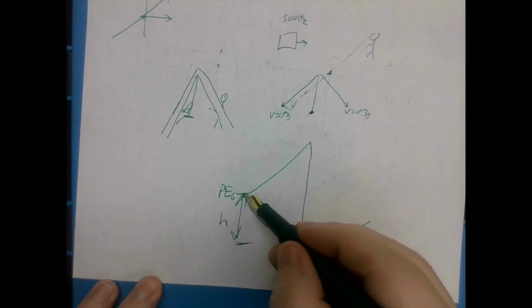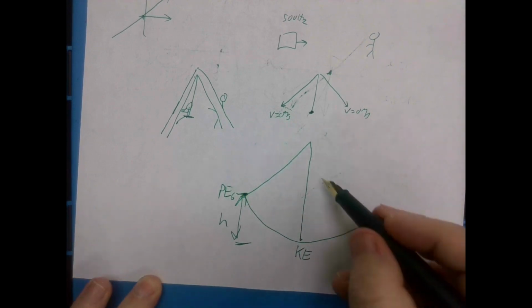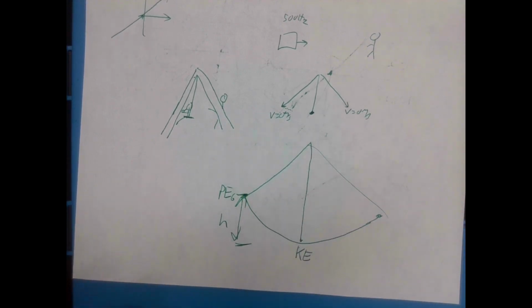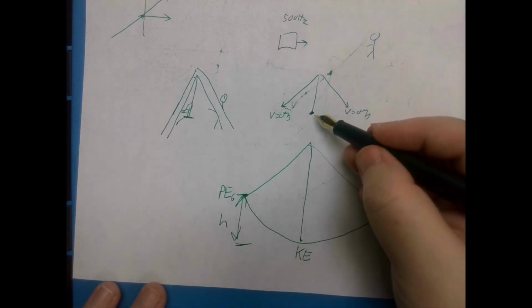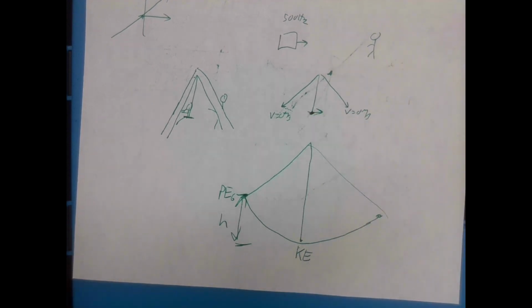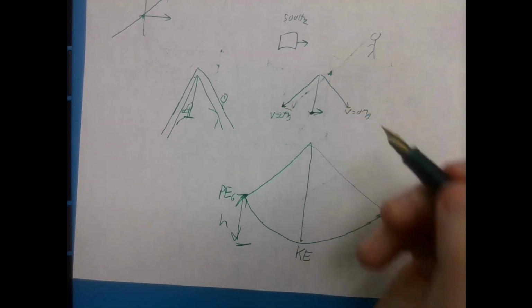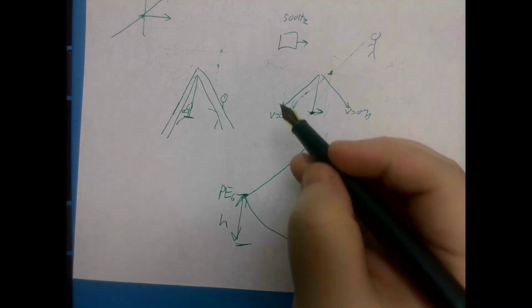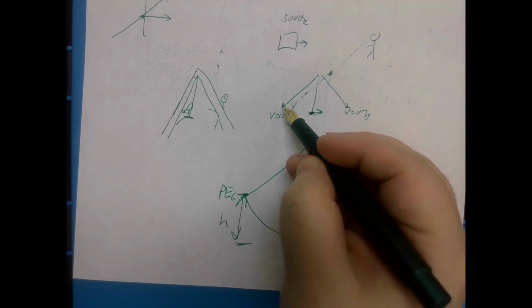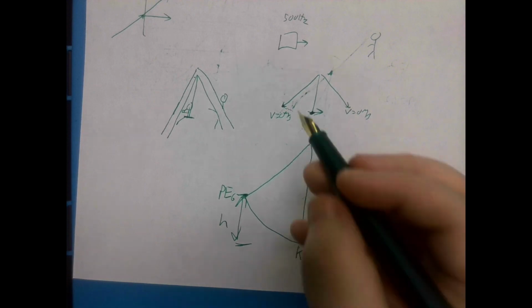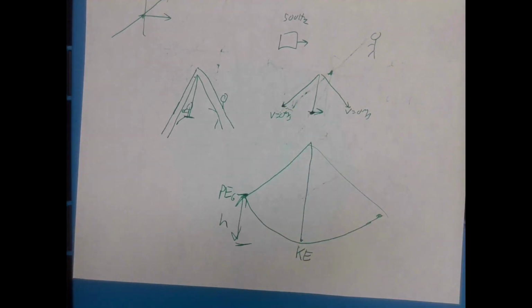Right here you have no kinetic energy. And we know that frequency increases whenever he's moving towards you. When does the whistle sound normal? Only at these two points, for an instant in time, when he's not moving.